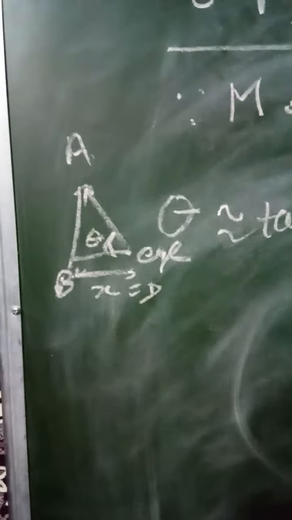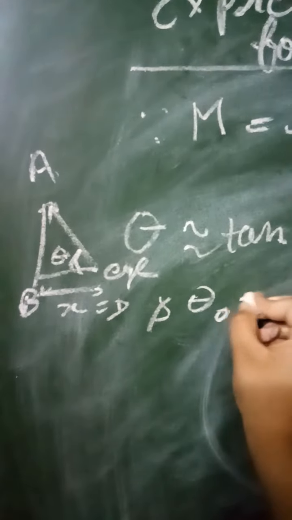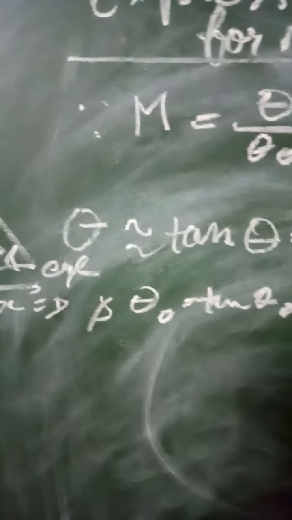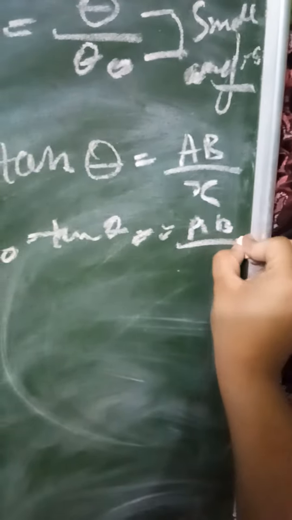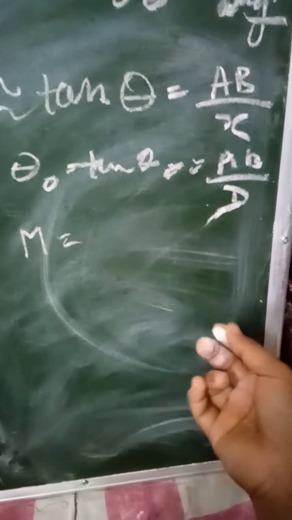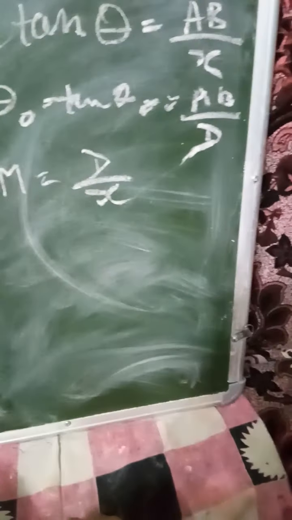Compare that one. Theta naught is equal to tan theta naught, that is AB by D. Now M is equal to, compare it, D by X, as AB cancels out. Now we use the thin lens formula.